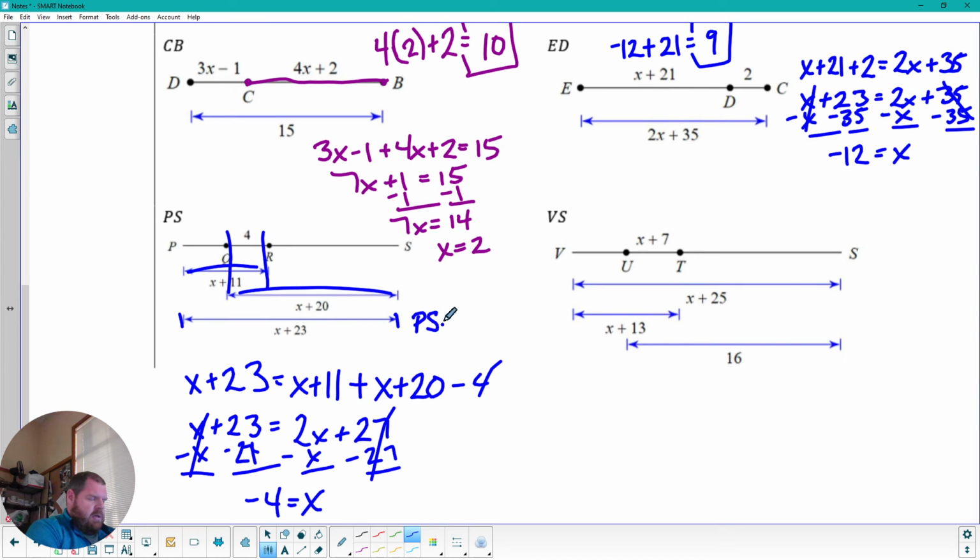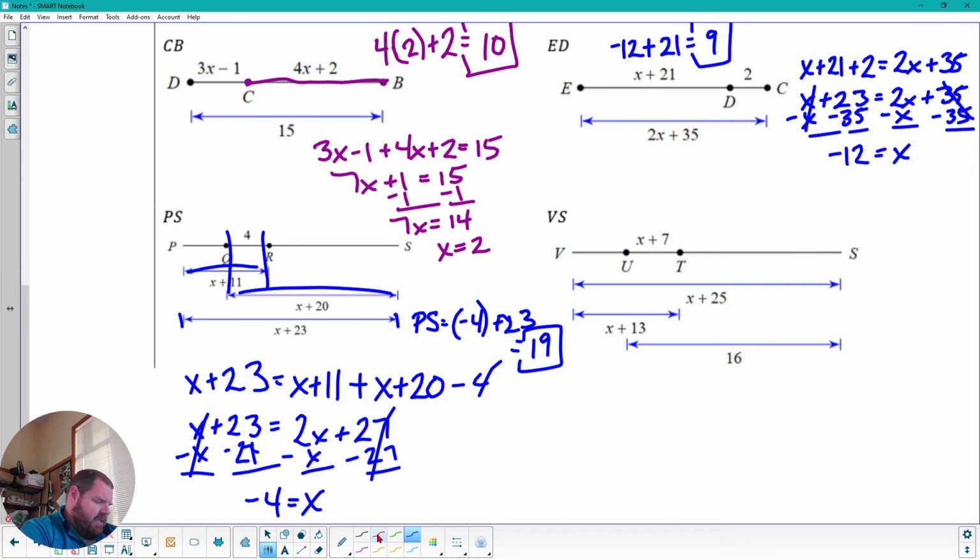PS is just x plus 23. And my pen's lagging again, making that kind of hard to read. Thank you. Make it look like I have worse handwriting than I already do. We get 19 for PS. Negative 4 plus 23 is 19.